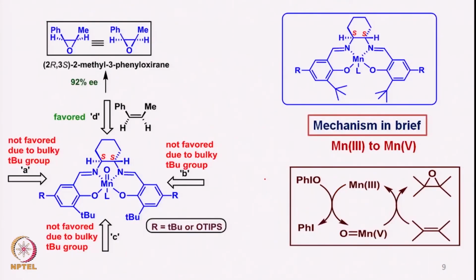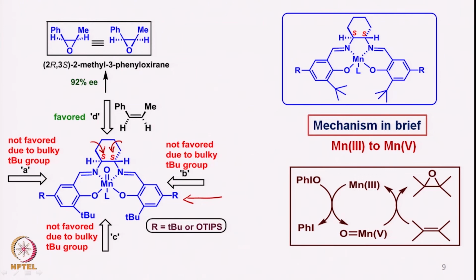Now, if we look at the cyclic amine based complex, like this particular one here, where we have S and S configurations, then we can see how the olefin approaches.